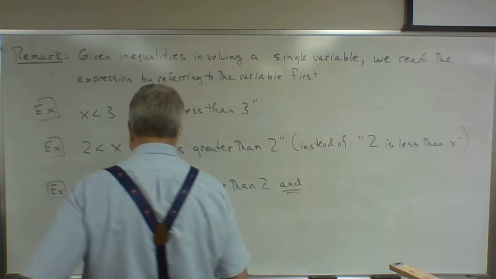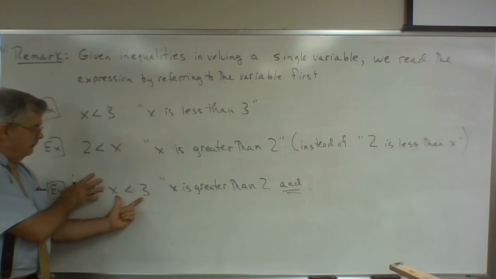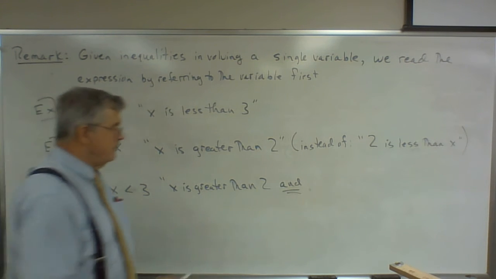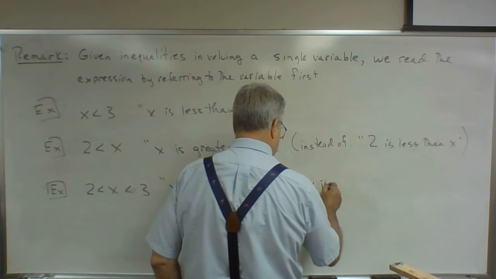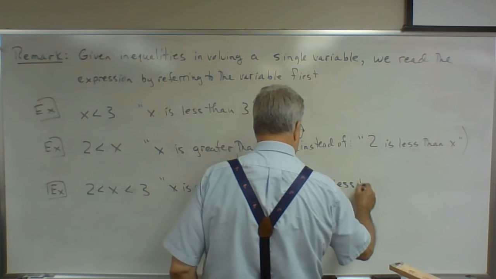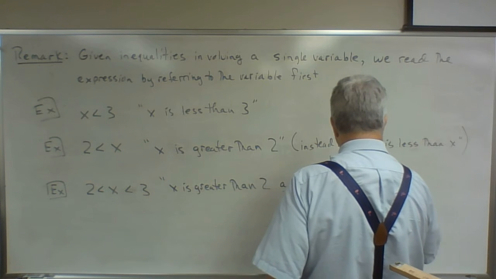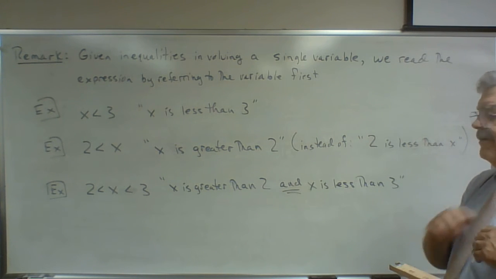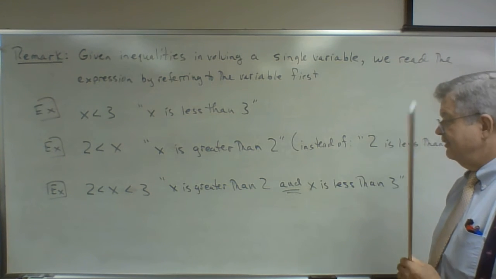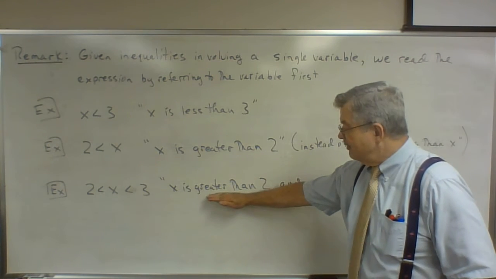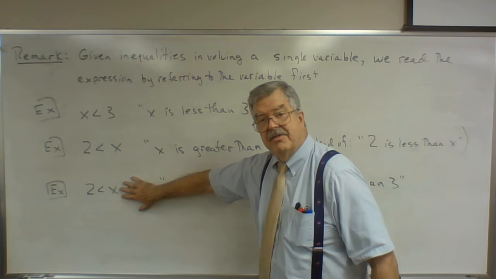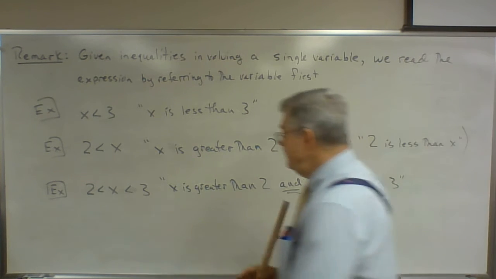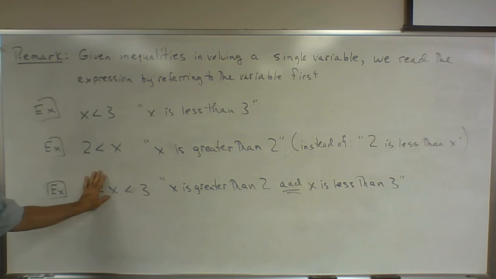And now I'll look at this part of the inequality. x is less than 3. In each part of the inequality, I referred to the variable first. x is greater than 2, that's this thing. x is less than 3, that's this part of the inequality.